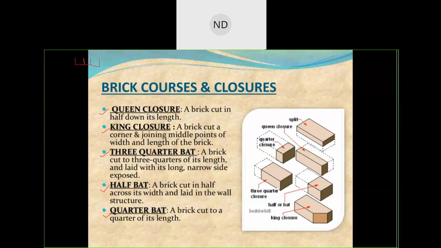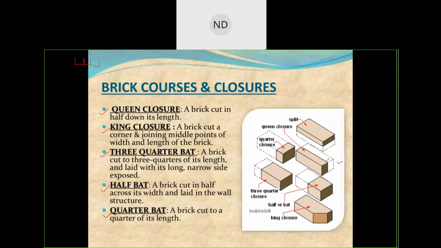Okay, so you see here, these figures are also given here. What do you mean by queen closure? Queen closure is a brick which is cut in half down its length. So you see here, this is your queen closure. You can see the arrow here. This is your brick, right? If you can see my pencil here, this is your brick.